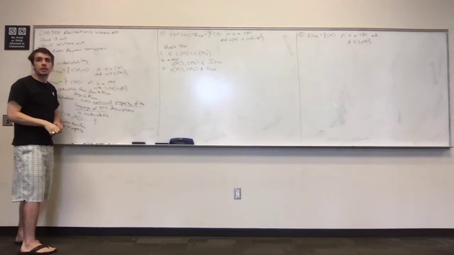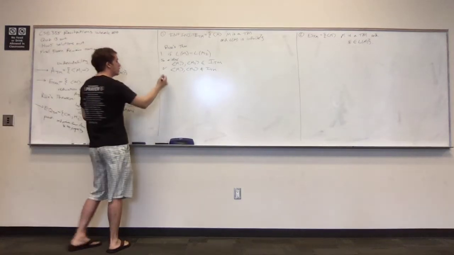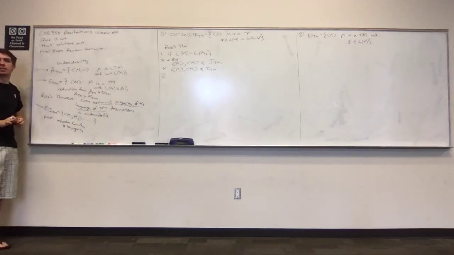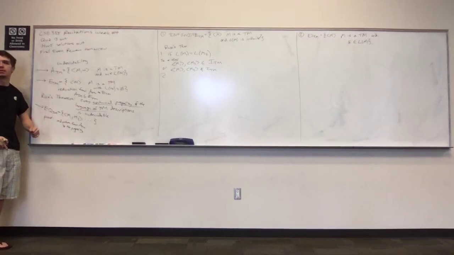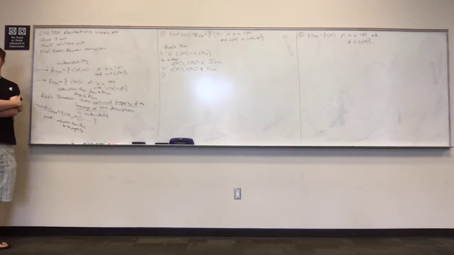So it can't ever be the case that one of them is in and one of them's out. So I showed it's a property of the language of Turing machine descriptions. Now I need to show it's what? Not trivial. So what would I need to show you to convince you that this is a non-trivial property?